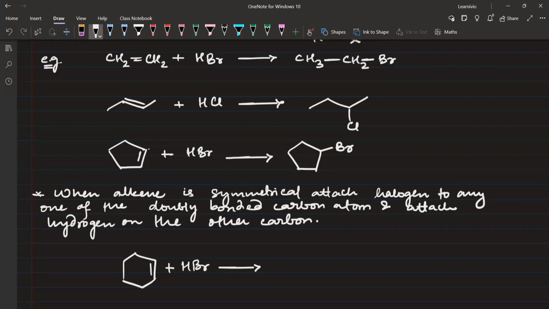Yeah, correct. Any one, if it is symmetrical. For unsymmetrical case, we are going to see. This is symmetrical. Okay, then yes, I am done. Yeah, very good. That's fine. That's correct.